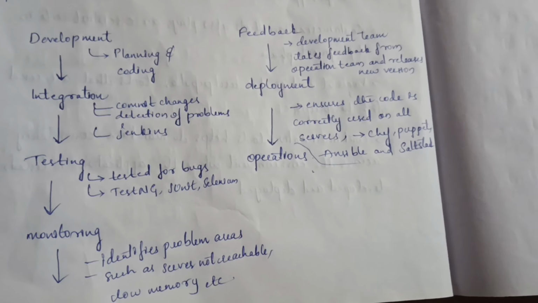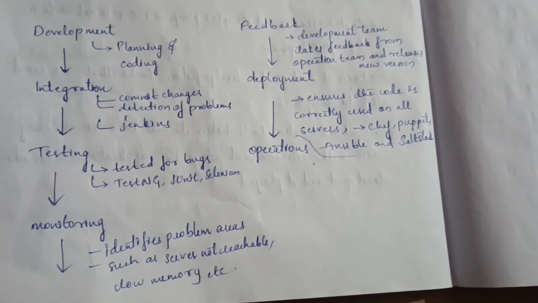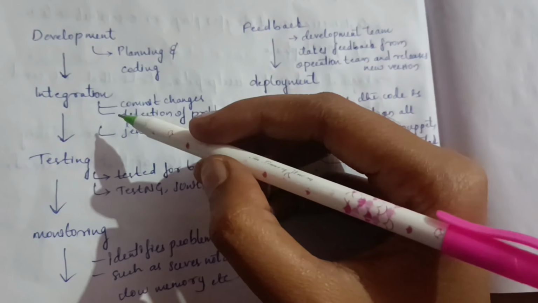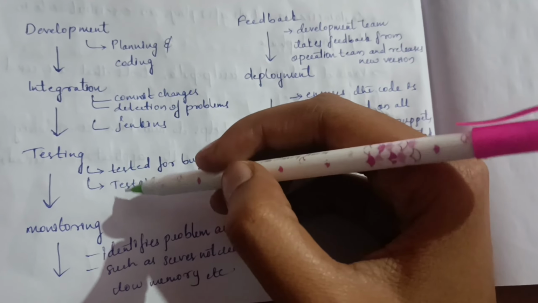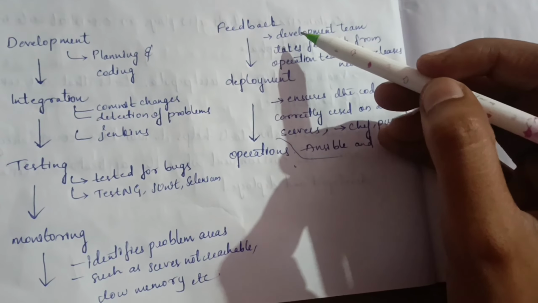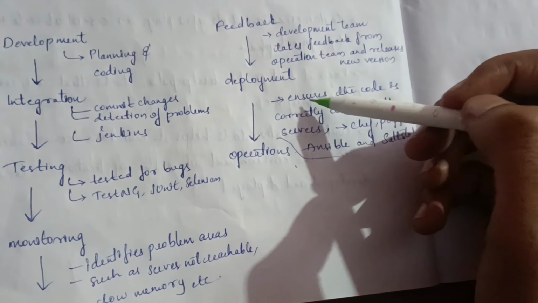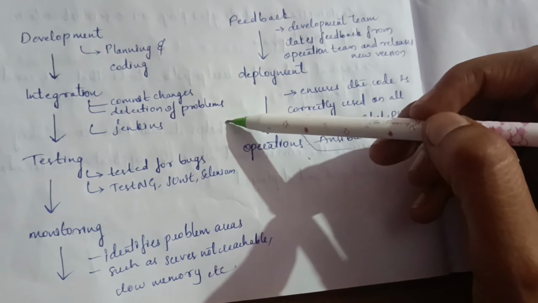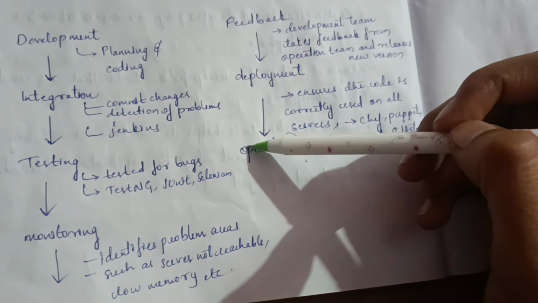Now let us discuss briefly all seven phases: continuous development, continuous integration, continuous testing, continuous monitoring, continuous feedback, continuous deployment, and continuous operations. We all know these are the seven continuous phases, or DevOps lifecycle phases.